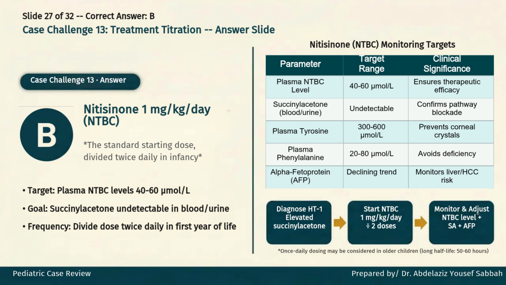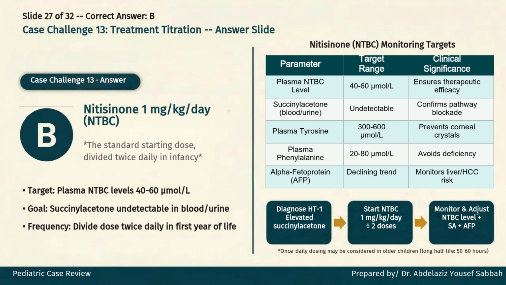The standard starting dose of nitisinone is 1 mg per kilogram per day, divided into 2 doses in the first year of life. The target plasma nitisinone level is 40 to 60 micromoles per liter to ensure therapeutic efficacy. The goal for succinylacetone is undetectable in blood and urine, which confirms the pathway is adequately blocked.